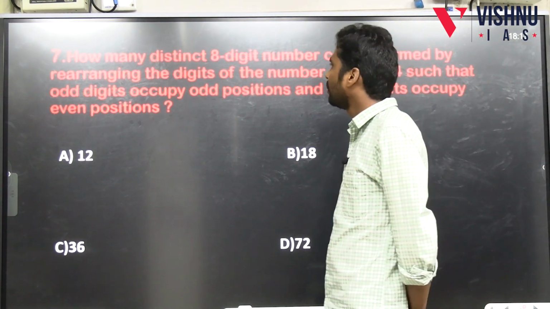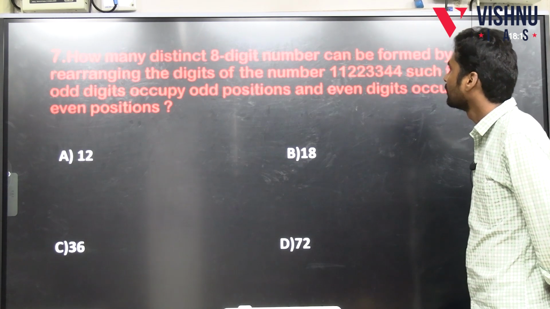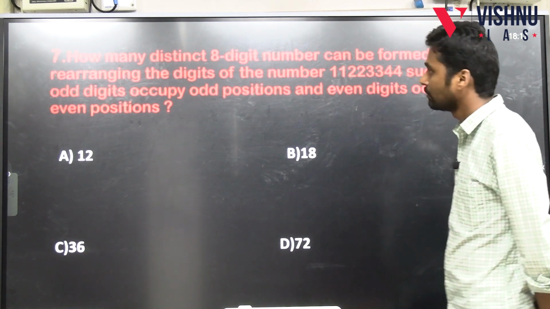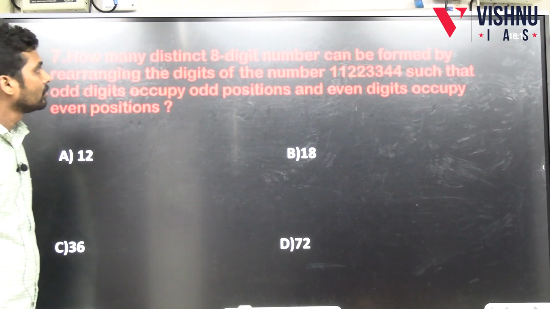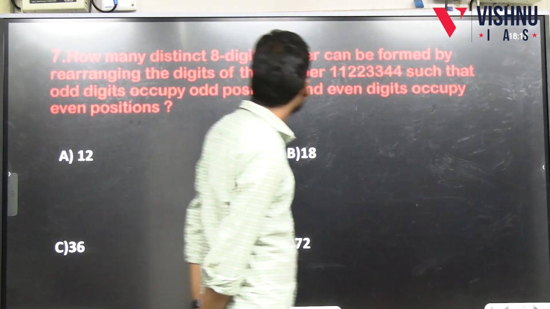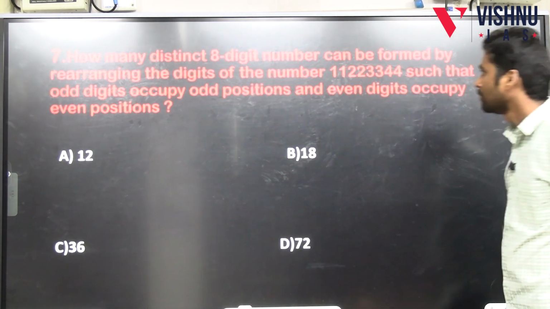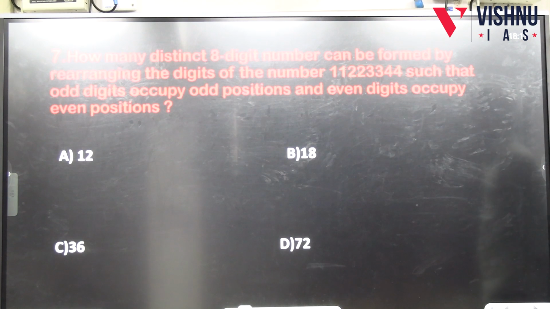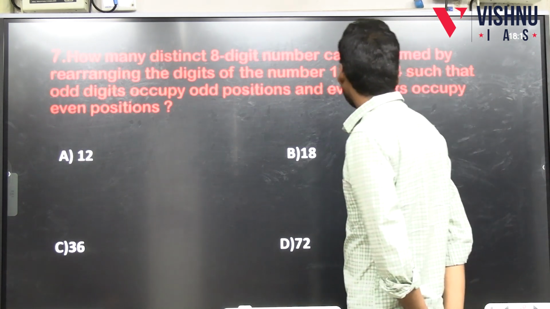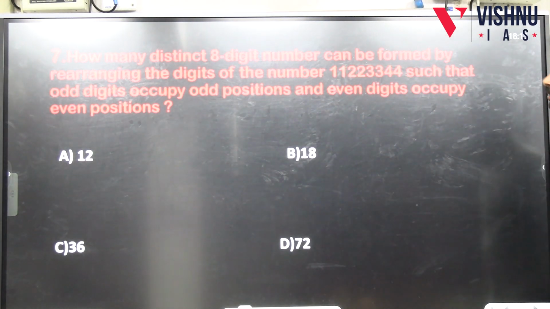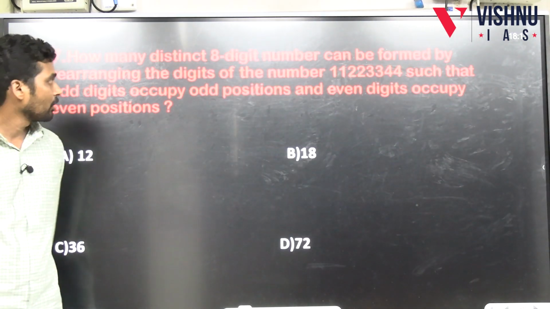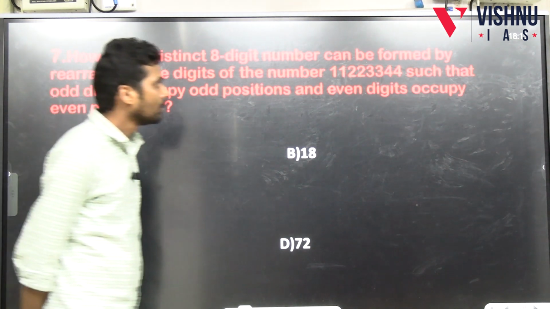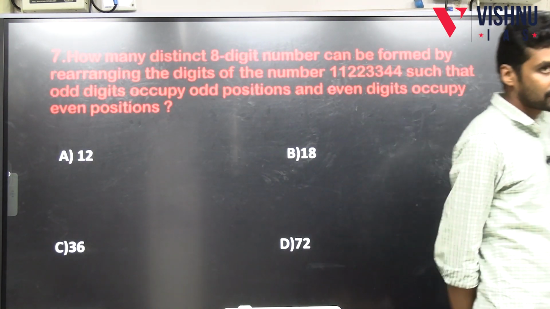So the question is: how many distinct 8-digit numbers can be formed by rearranging the digits of the number 11, 22, 33, 44, such that odd digits occupy odd positions and even digits occupy even positions.